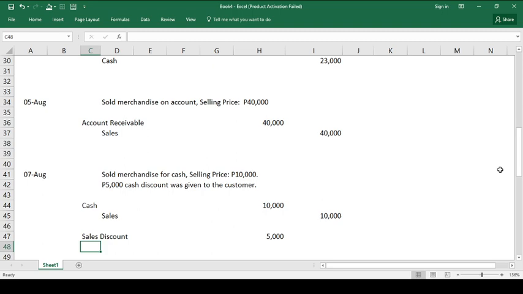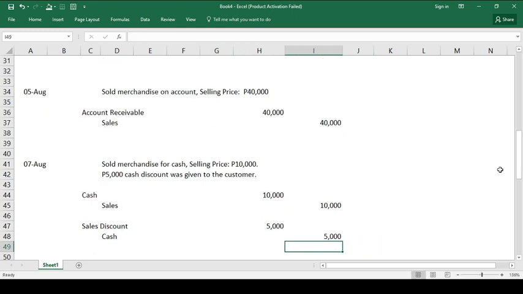And then take note, we sold this for cash for 10,000 pesos. Kaso, binawasan po natin nung 5,000 cash discount. So, ibabalik po natin yung cash. Kaya we credit cash for 5,000 pesos.